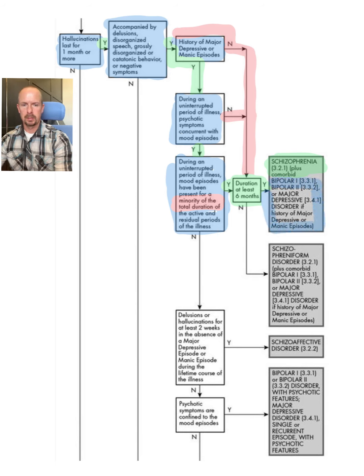We'd be looking at bipolar 1 disorder or bipolar 2 disorder in this scenario, especially if they've had or are continuing to have hallucinations. Likely it would be with psychotic symptoms.